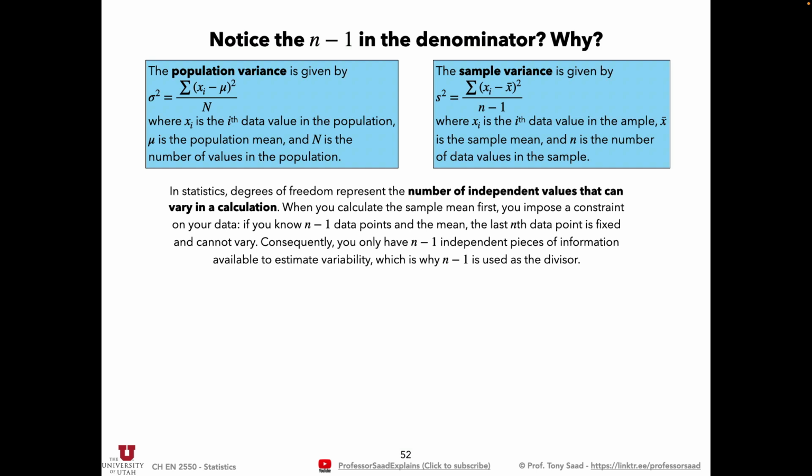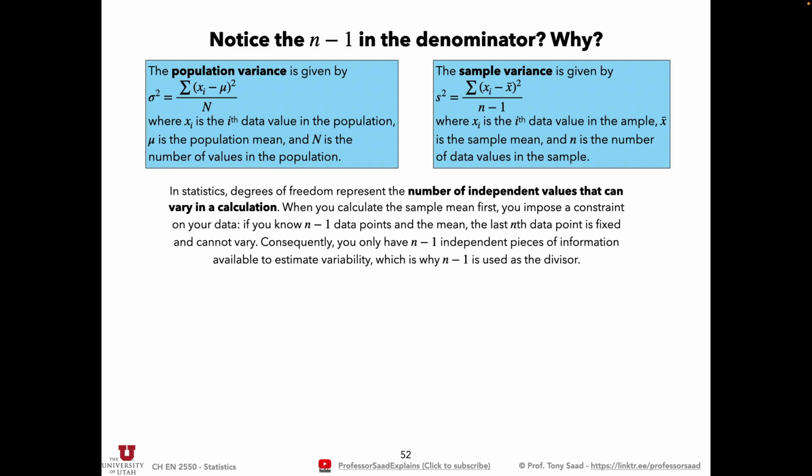And then you ask yourself, well, if I know n subjects in the sample, I can compute the mean. But if I know n minus 1 subjects and I know the mean of the sample, I can compute the last point in one and only one way. So that means I really only have n minus 1 degrees of freedom because I already used the mean in my calculation. If x bar was not in the calculation, then I would have a total of n degrees of freedom.